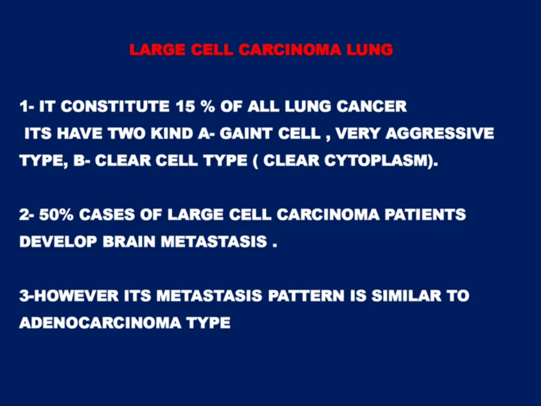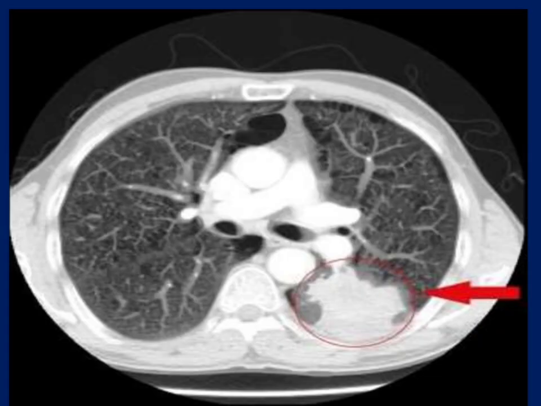Then again, there's a non-small cell lung carcinoma variety, the large cell carcinoma of the lung. It constitutes about 15% of all lung cancer. It has two kinds. Large cell carcinoma has a giant cell variety, a very aggressive tumor, and then a clear cell type. It's again very dangerous so far as the prognosis is concerned.